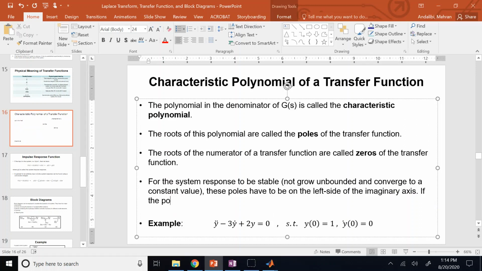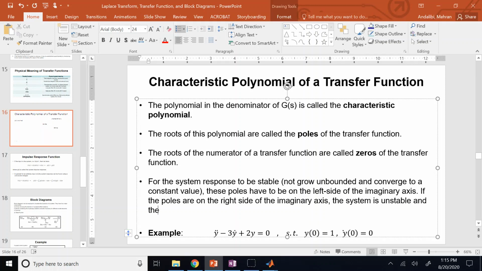If the poles are on the right side of the imaginary axis, the system is unstable and the output will grow unbounded or exponentially.